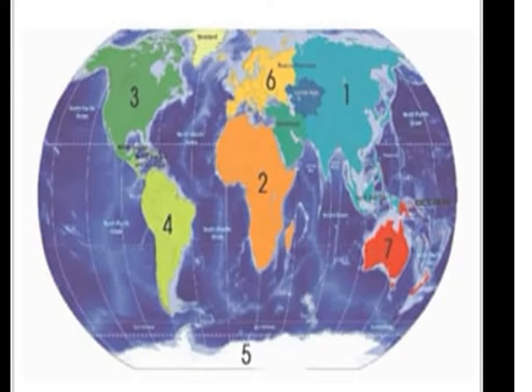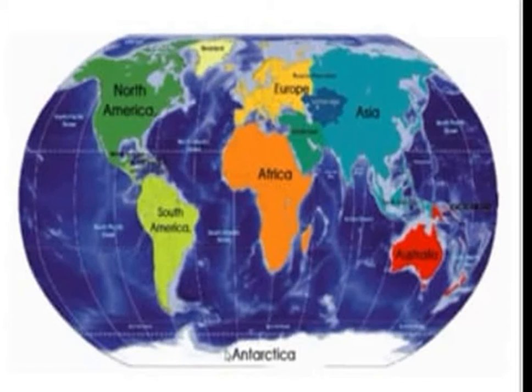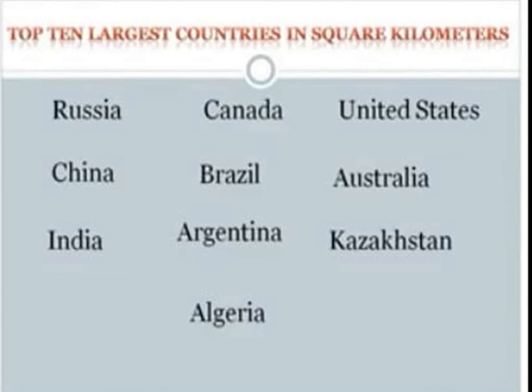This is not in your textbook. Extra information I am giving, children. See children, the top 10 largest countries in square kilometers. Russia is the largest country in the world. Second, Canada. Third, United States. Fourth one, China.